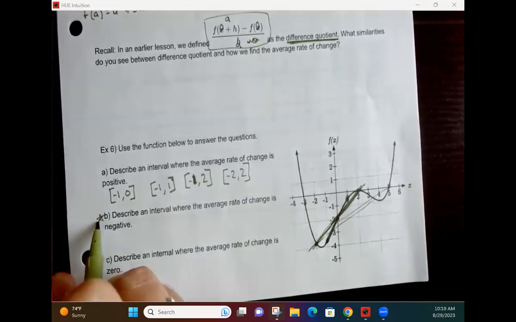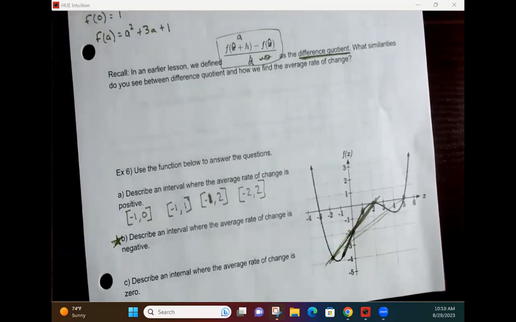Now, I want you to try B. Give me an interval where that average rate of change would be negative. Average rate of change would be negative.